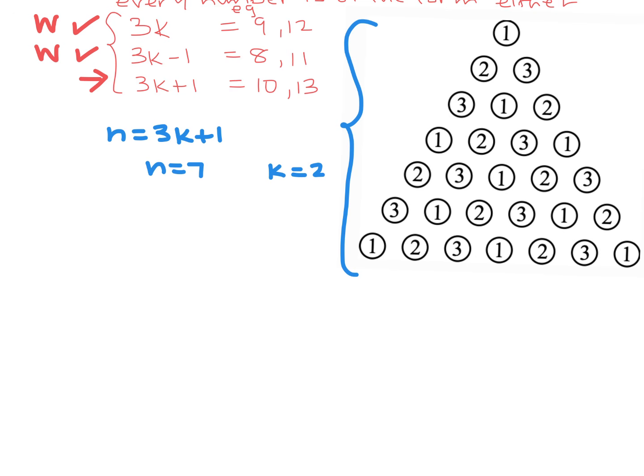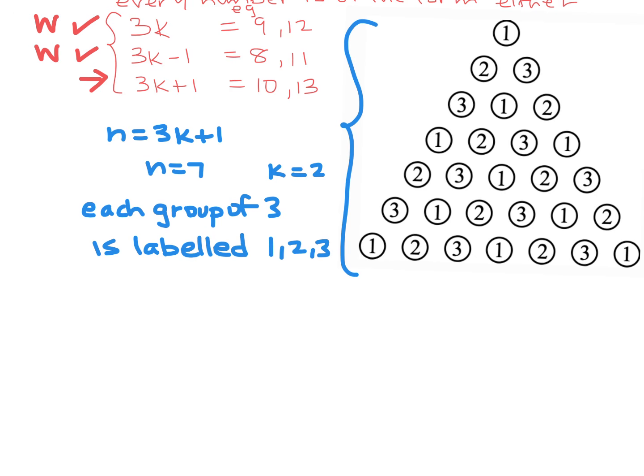Now each group of 3 can be labeled 1, 2, 3, and that's how this is labeled. And all of those can be flipped just once and you can win. So at first it seems, okay, it looks like everything could be 1.